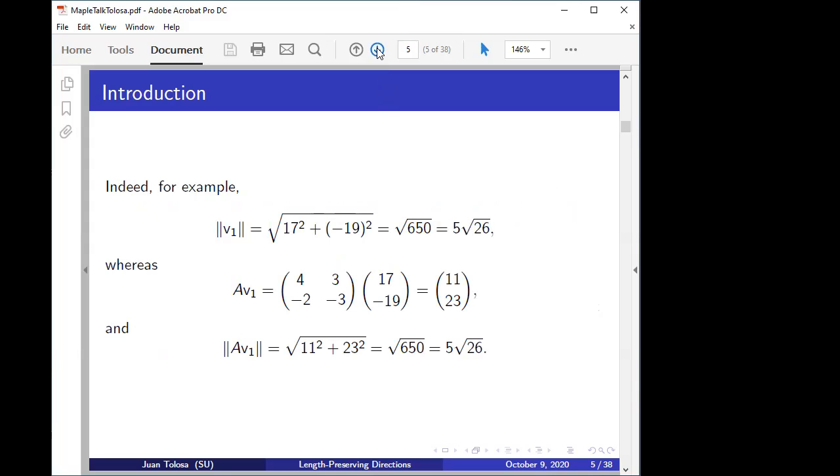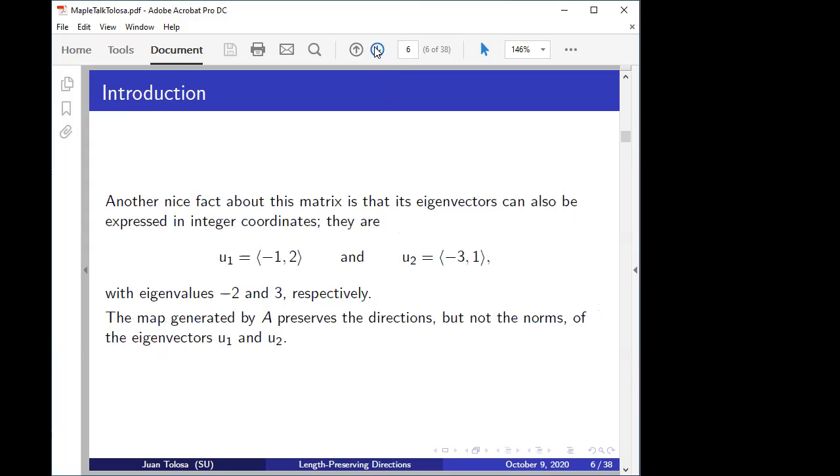When you compute the image of this vector under the map A, you get a vector that has different components, 11 and 23, but they have exactly the same norm. For this particular matrix, the eigenvectors are also integers. For these vectors, the map preserves the direction, but not the norm.